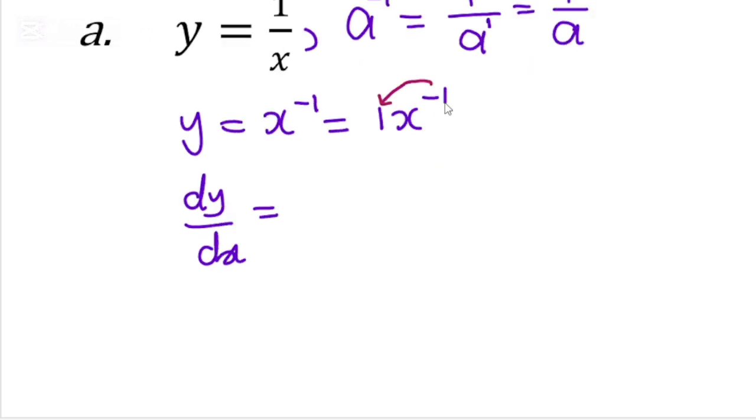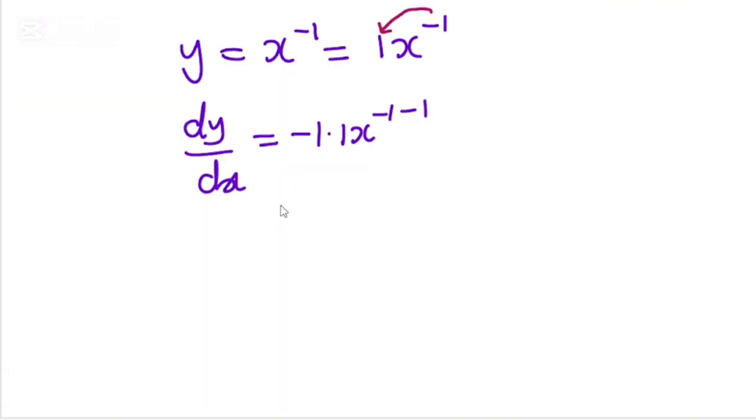So we have negative 1 times 1 times x to the power negative 1. Now from the power, we subtract 1. Negative 1 times 1 is negative 1, so we have negative x to the power negative 1 minus 1, which is negative 2.